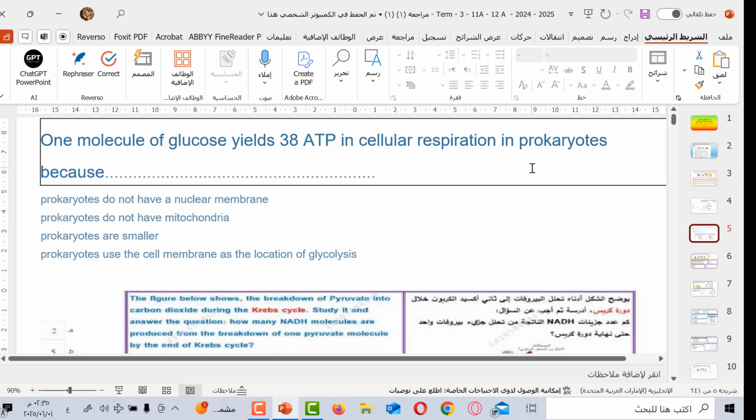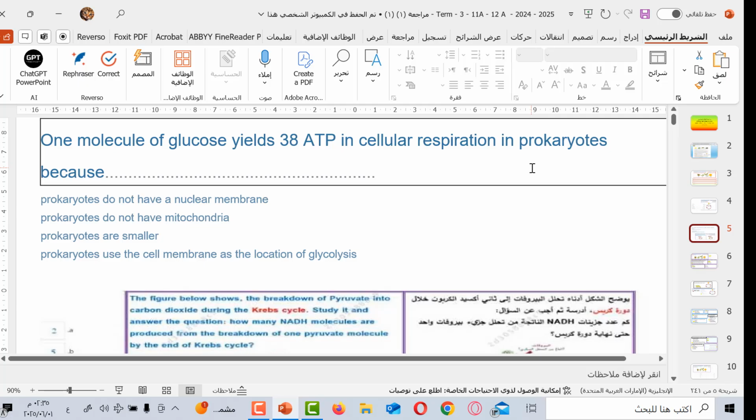It means there is a nucleus and the membrane of the nucleus and the membrane of every organelle inside it. But the prokaryote has DNA floating in the cytoplasm.